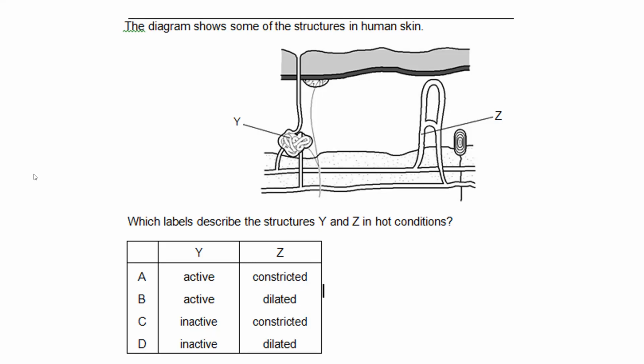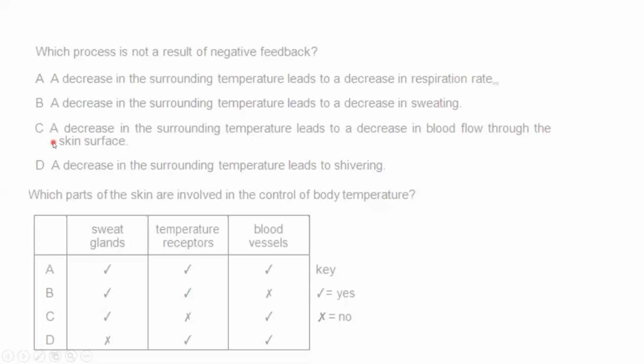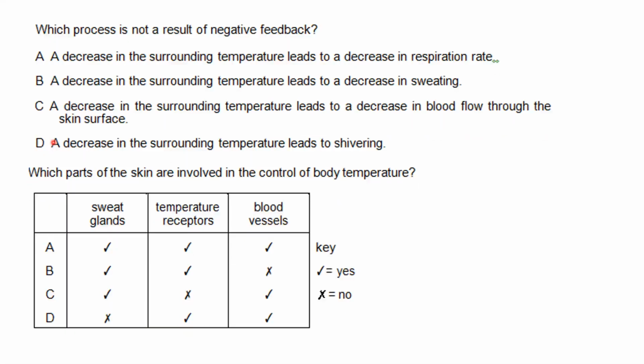Okay, next is, which process is not a result of negative feedback? A decrease in surrounding temperature leads to a decrease in respiration rate. A decrease in surrounding temperature leads to a decrease in sweating, that is homeostasis.